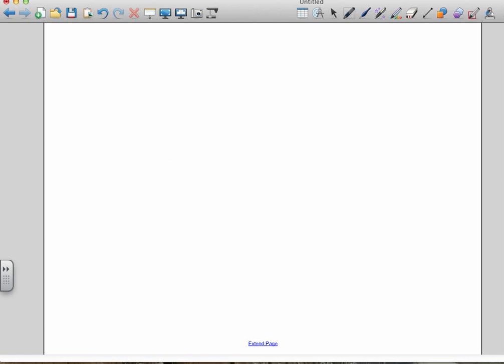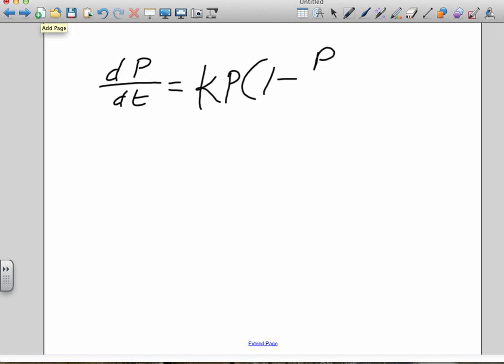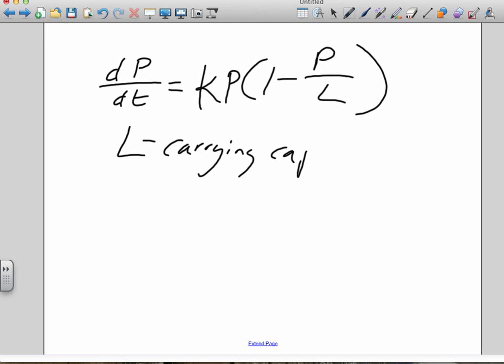So what we do is we modify this. So we do dP/dt equals kP times (1 minus P over L). And L is what's called the carrying capacity for biology.